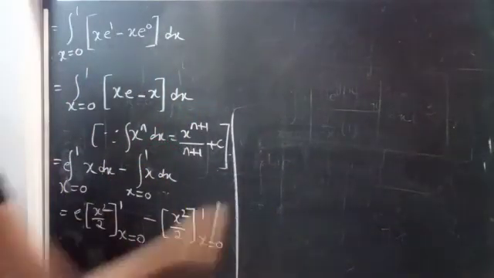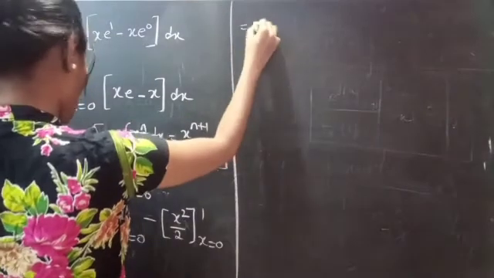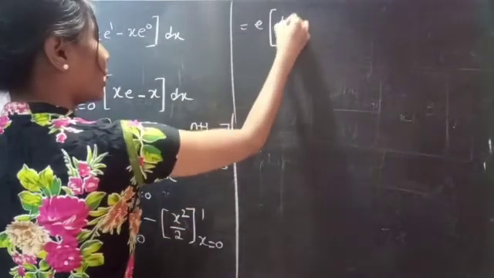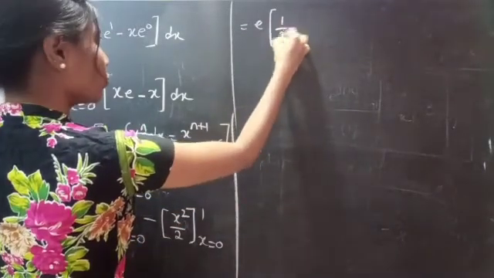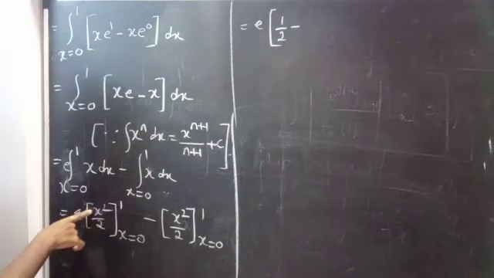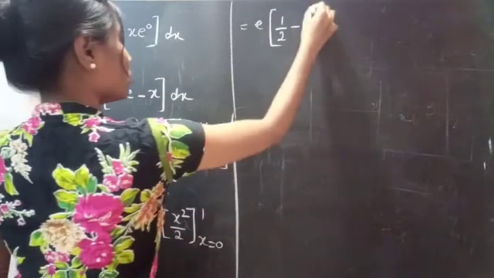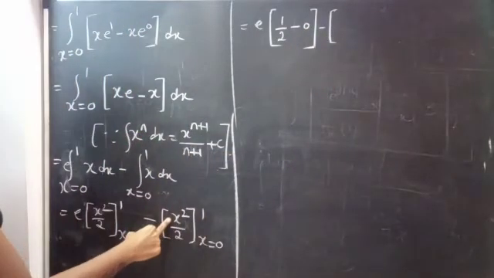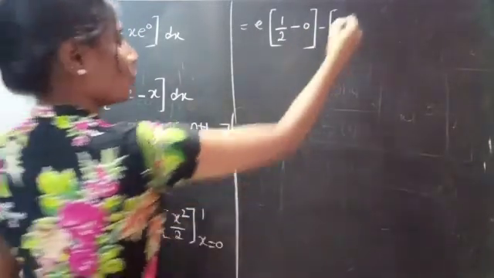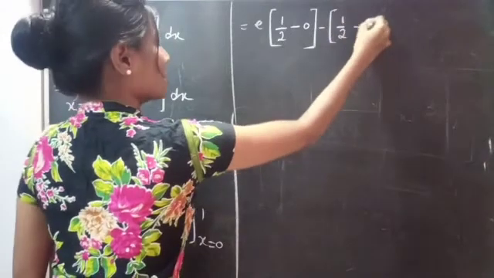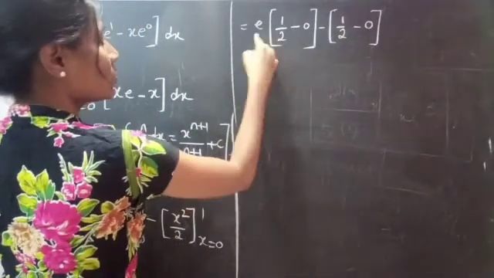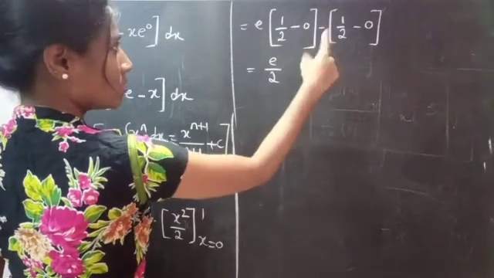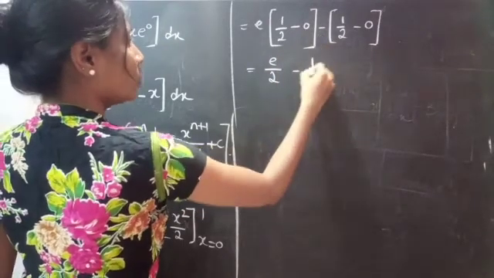Which is equal to e into, now apply the limits, x equals 1: 1 square is 1, 1 by 2, minus 0 square is 0, 0 by 2 is 0, minus again x square, 1 square by 2 is 1 by 2 minus 0. So this is equal to e into 1 by 2, e by 2 minus 0 is 0, minus 1 by 2.